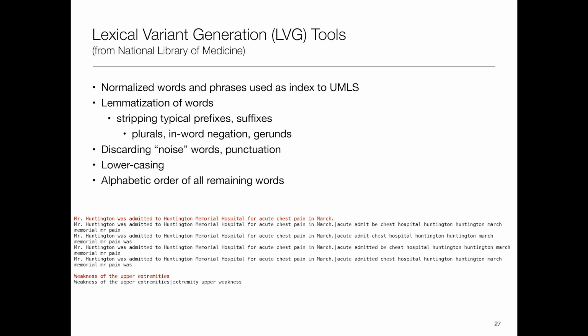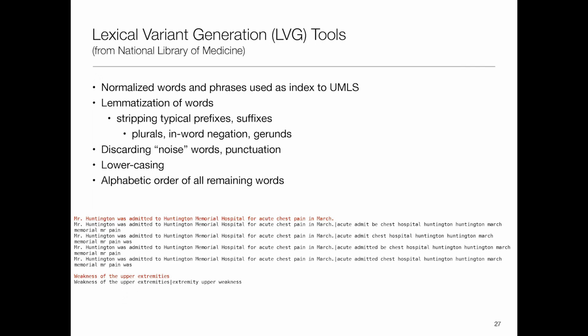And then there's the normalization function that takes some statement like Mr. Huntington was admitted, blah, blah, blah, and normalizes it into lowercase alphabetized versions of the text where things are translated into other potential meanings, linguistic meanings of that text.